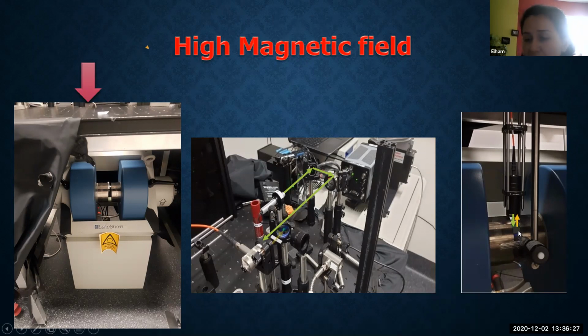The emitted light is collected again by the same optical fiber, comes up to the optical table again, and this time our dichroic mirror reflected the light into the spectrometer. So we measured the photoluminescence while we had a magnetic field around our sample. We changed the magnetic field and measured the PL to understand how the magnetic field affects our PL.